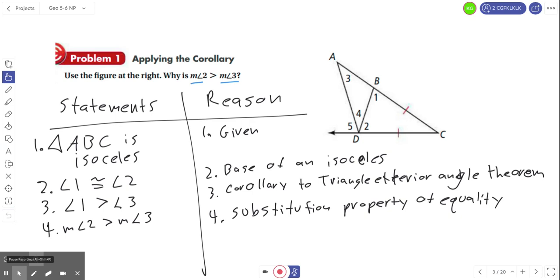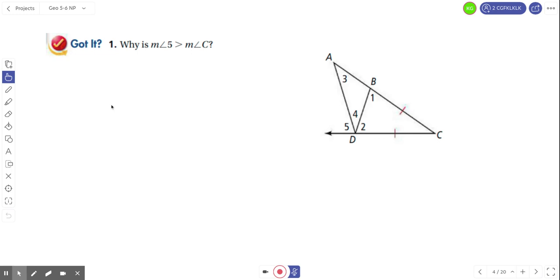Okay, so take your time, make sure that you understand what I did there and how I got it. On the next slide, the next thing after you look through those is you're going to answer this question. Same picture, why is measure of angle 5 greater than measure of angle C?